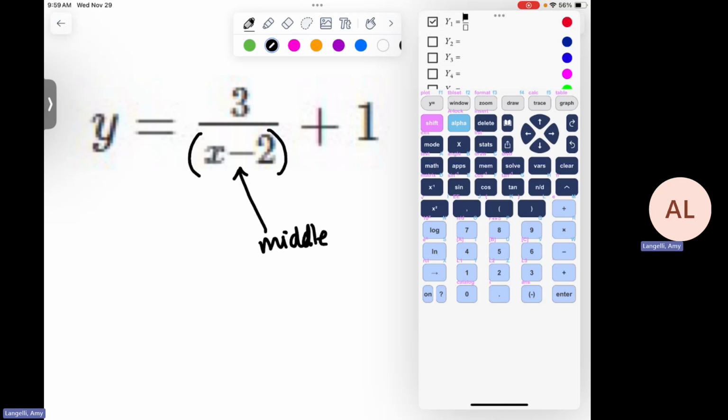That will automatically tell your calculator, I have a fraction I need you to make. Then you can type 3 in there. Maybe we could do x minus 2 there. Personally, that's too much for me to remember, all those buttons. And I also don't like it because then you can't use any calculator. I would personally just do 3 divided by the quantity of x minus 2 and then add 1 like that.